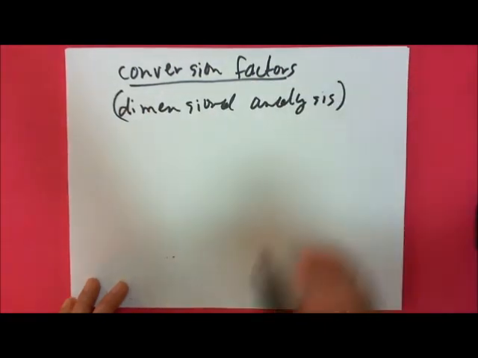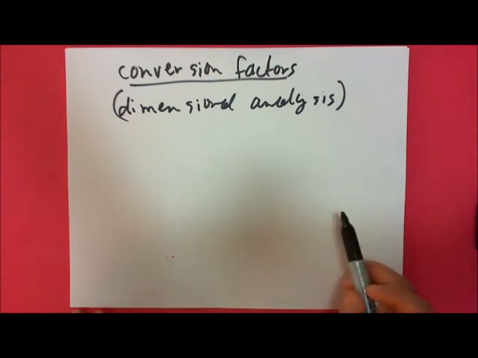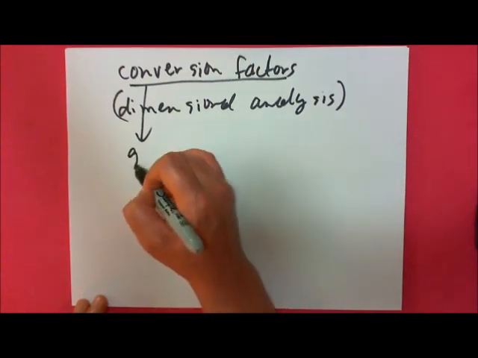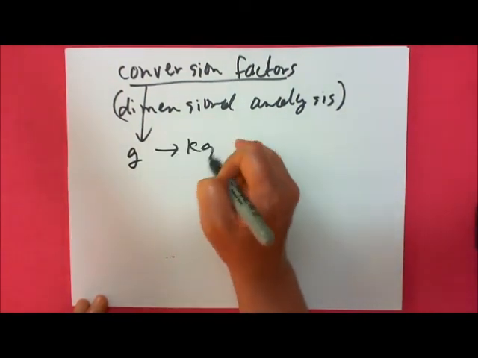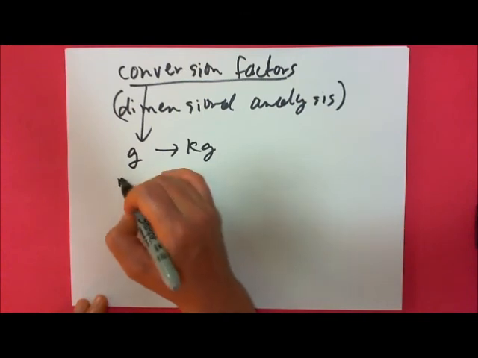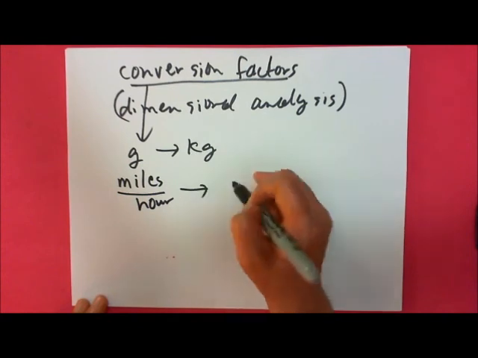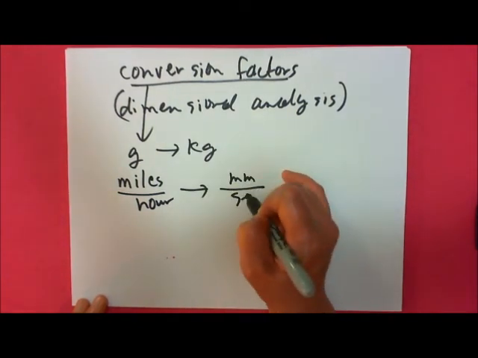What we were doing in dimensional analysis is multiplying a number by a number that was equivalent to 1, not exactly equal to 1, but equivalent to 1, because the top number was the same as the bottom number. So we used conversion factors to make conversions like grams to kilograms, and then to convert things like miles per hour to millimeters per second.